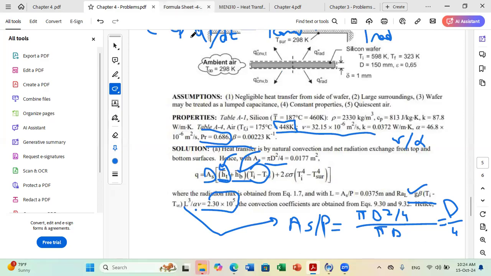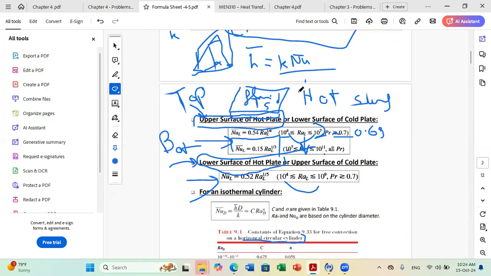Okay. So now, for the upper surface of hot plate, what should I use? I should use Nusselt average equal 0.54 Rayleigh to the power 1 over 4. While for the lower surface, I should use 0.52 times Rayleigh to the power 1 over 5. Okay.